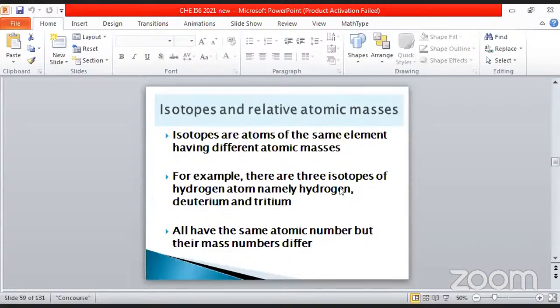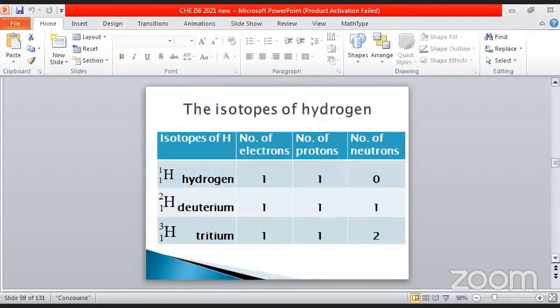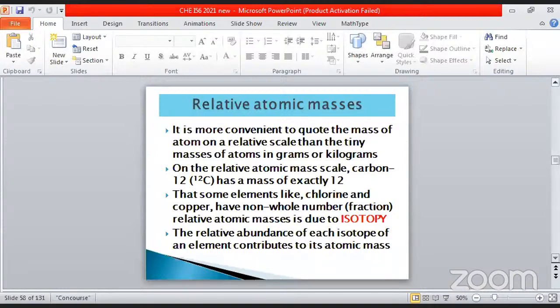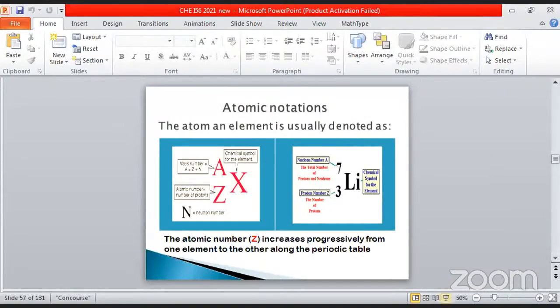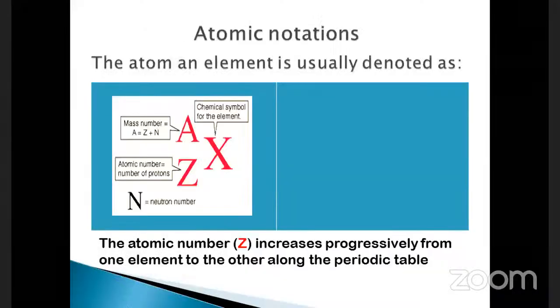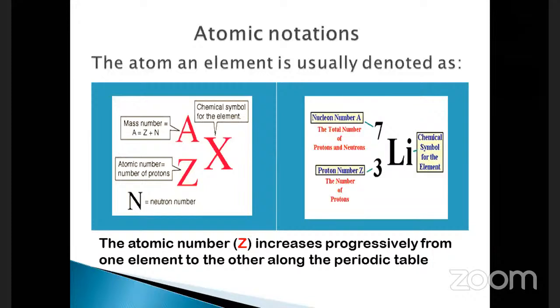So I'm going to start with isotopes and the relative atomic masses, just like we ended yesterday. This was where we ended, talking about how to denote an atom of a particular element.